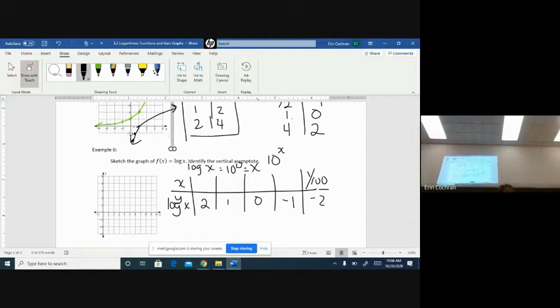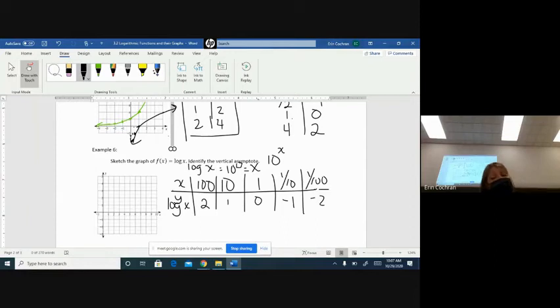So wouldn't log base 10 of 1 over 100 be -2? What would -1 be? 1 over 10. What would 0 be? 1. What would 1 be? 10. And what would 2 be? 100.